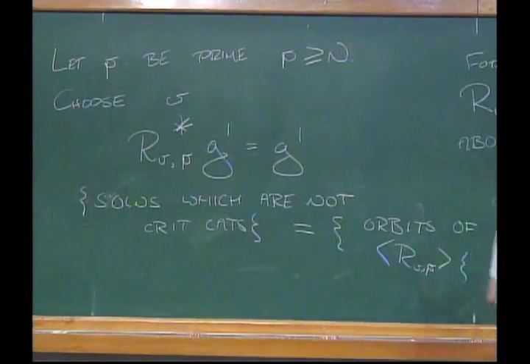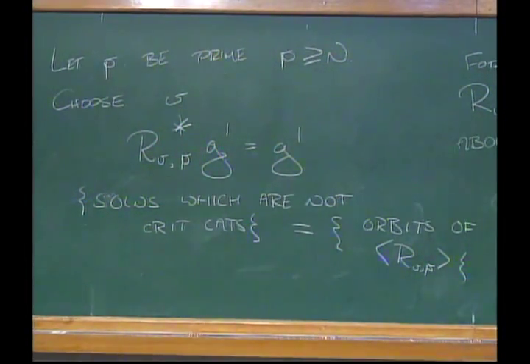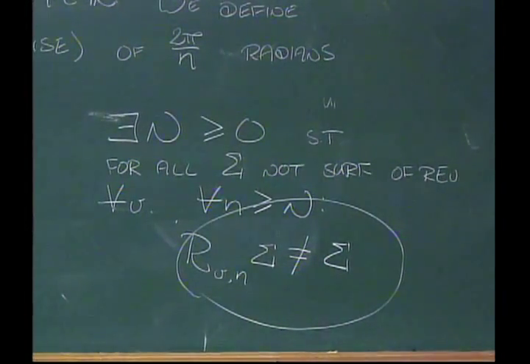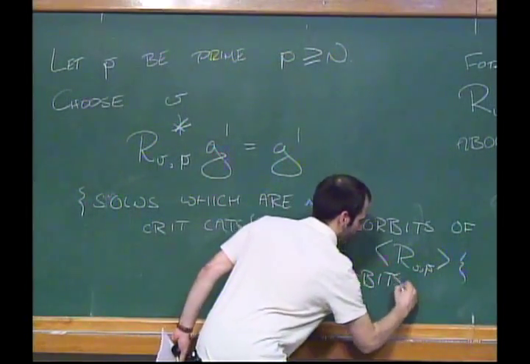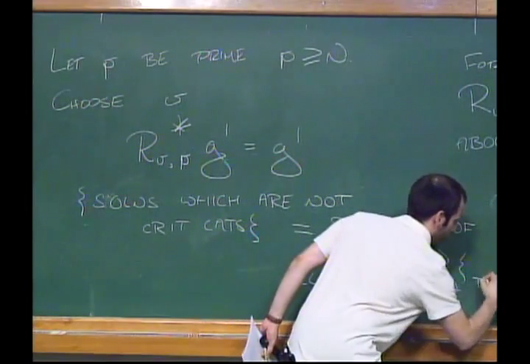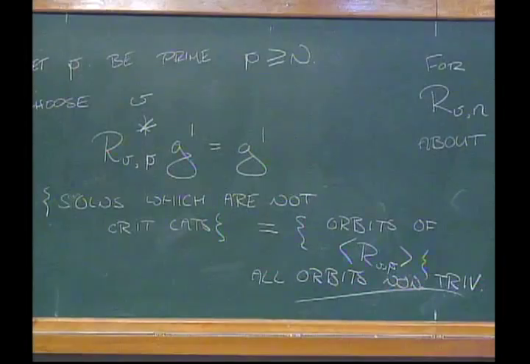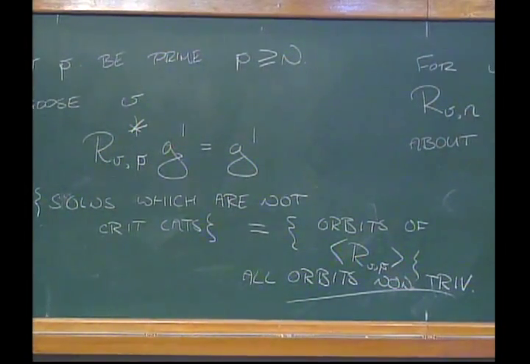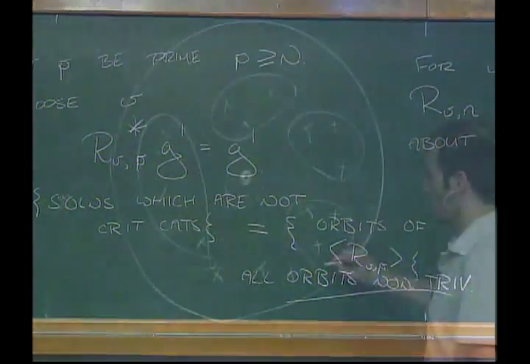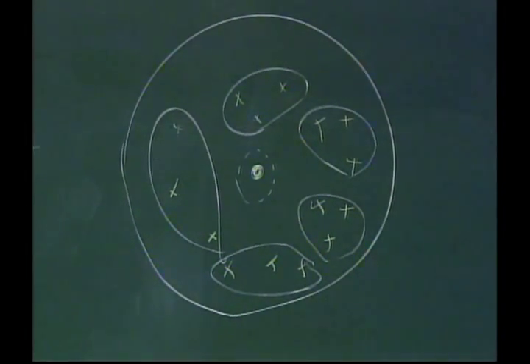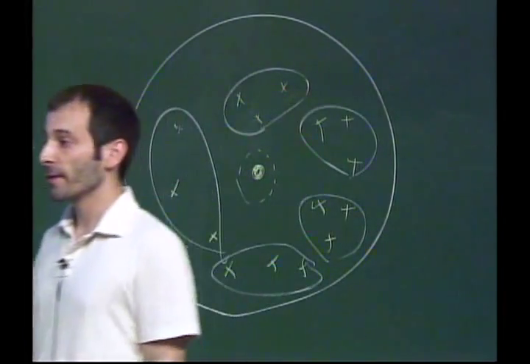And we know from this result here that all orbits are non-trivial. So we might have one non-trivial orbit here, another here, and another here. So the number of solutions, even counted algebraically, is going to have to be a multiple of p.